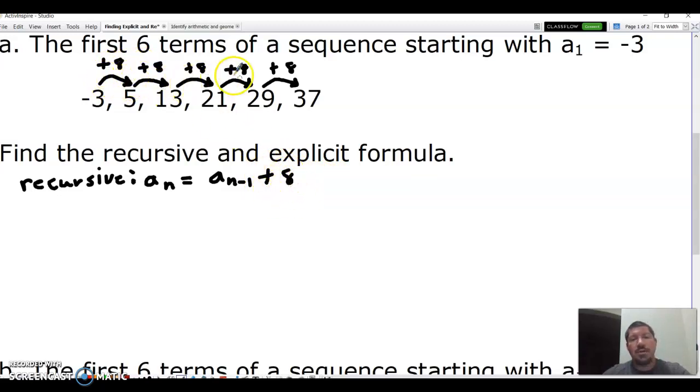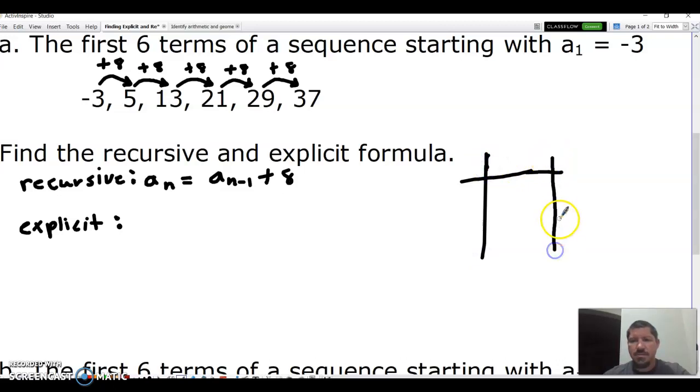Or how do I find each term? The explicit, a little bit more challenging, but still not that bad. Okay, so we'll create a little function table over here because basically the explicit is a function table. Our term number, or our n, is here.